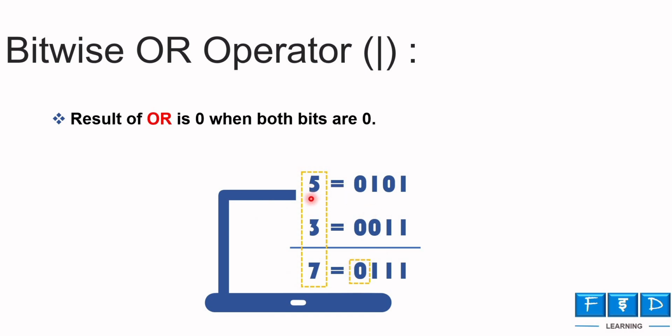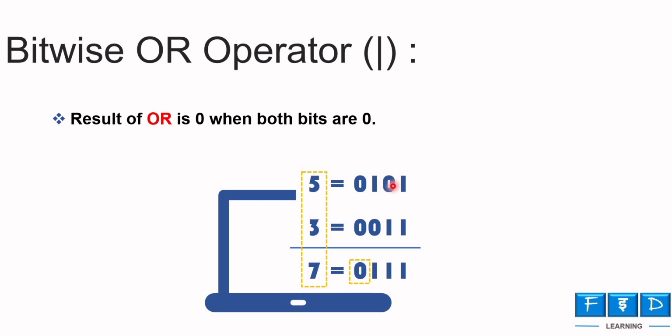Here you can see the decimal numbers 5 and 3 with their corresponding binary bits. The operator compares each bit of the two operands, operand 1 being 5 and operand 2 being 3, and only if both bits are 0 is the resulting bit 0. In the fourth position, both bits are 1, so the resulting bit is 1.